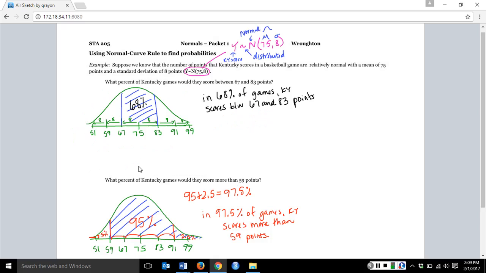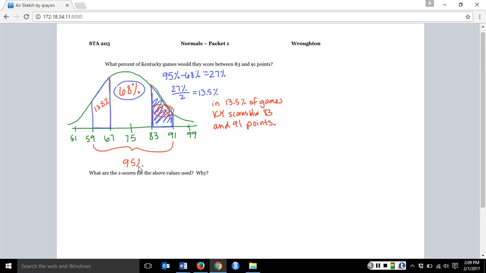There's a few different examples of using the normal curve rule to come up with some probabilities, but I want to talk about some specific things about these ones that we found. So to understand that, we're going to talk about the z-scores for the above values. Or in a sense, let's look at, from my original picture, what's going on.